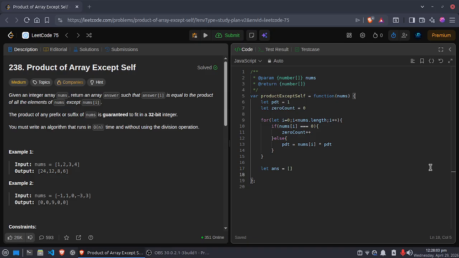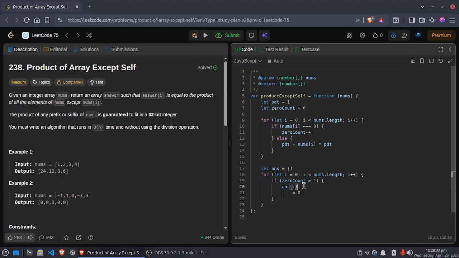Now I have to make the answer array a blank array. Now for let i equal to 0, i smaller than nums dot length, i plus plus. Now if zero count is greater than 1, then every index of answer of i is 0. Means there is no chance you get a non-zero answer. You get 0 for every index.